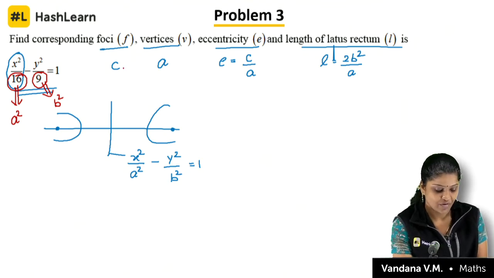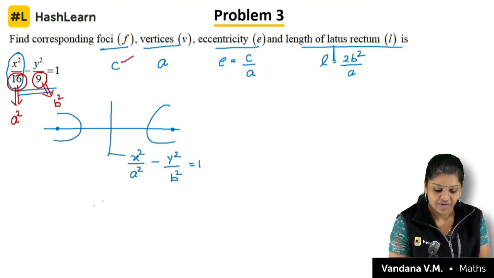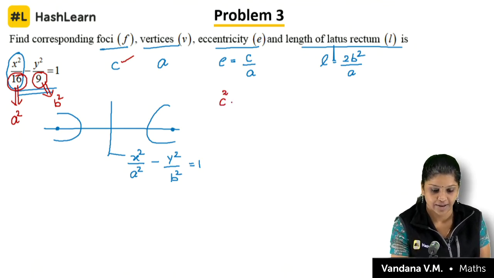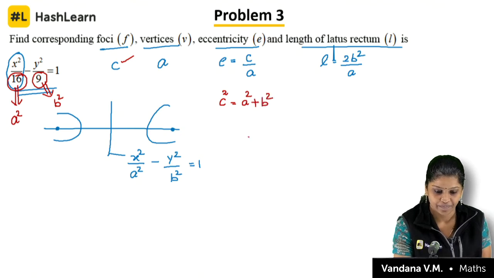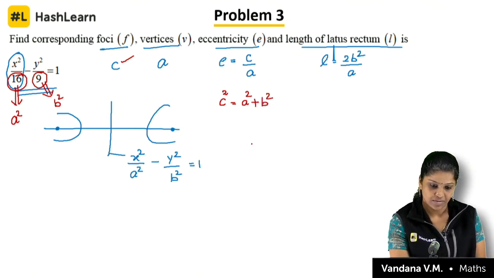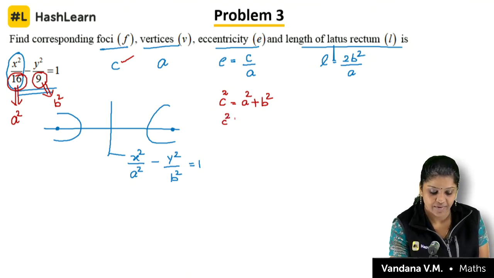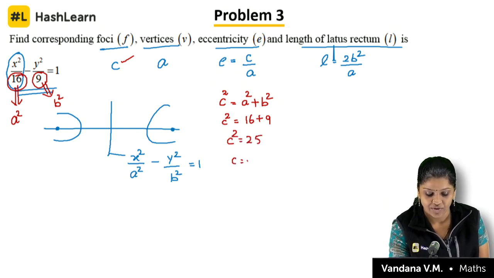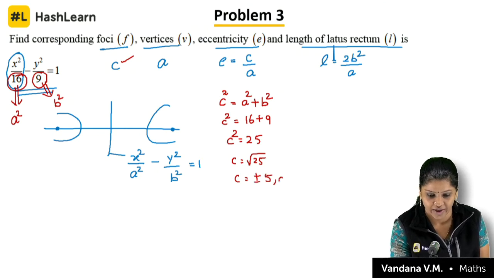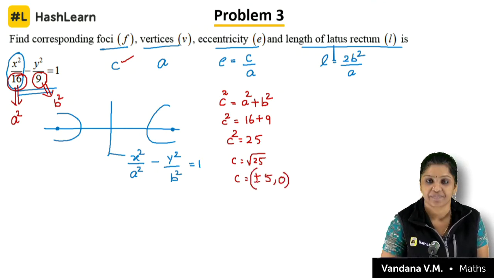So, please find out first c. We know the relationship between c, a, b, that is c square is equal to a square plus b square. Yeah, very good Devi Priya, correct. c square is equal to 16 plus 9, 25, that is c value is root 25, c value is plus or minus 5 comma 0, correct.